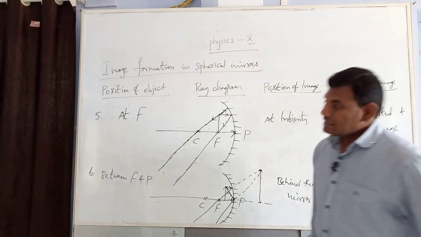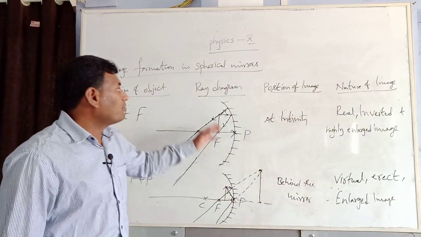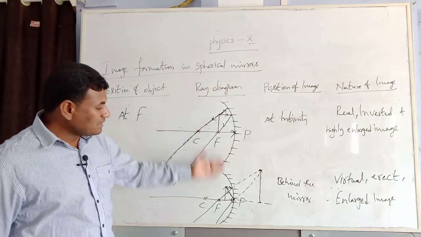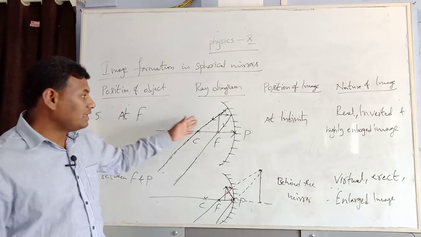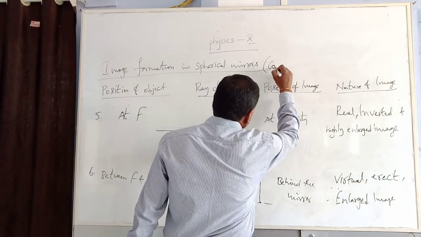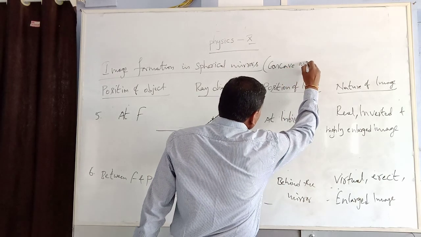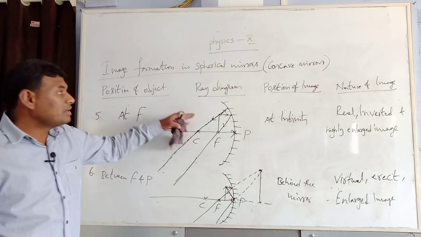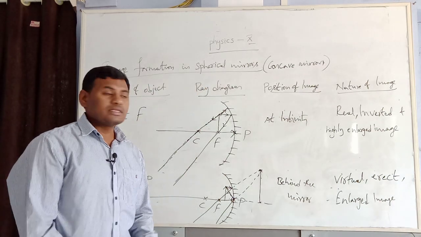In these cases, for these six positions, we are considering only the concave mirror. Now the next topic is how the image will be formed when the mirror that we are using is a convex mirror.